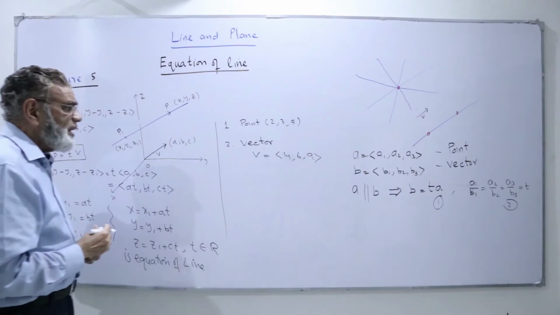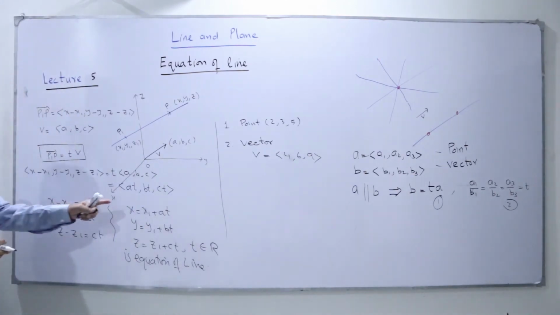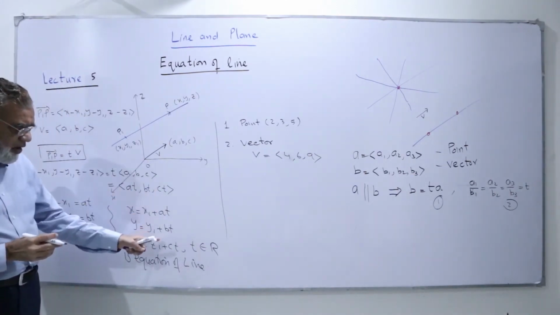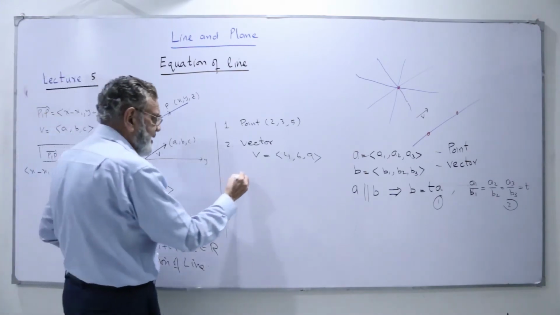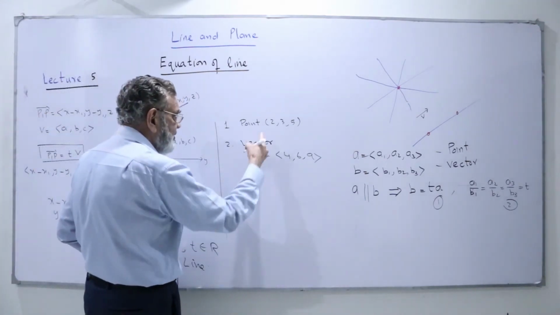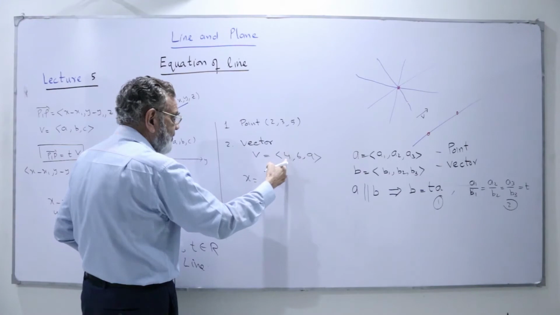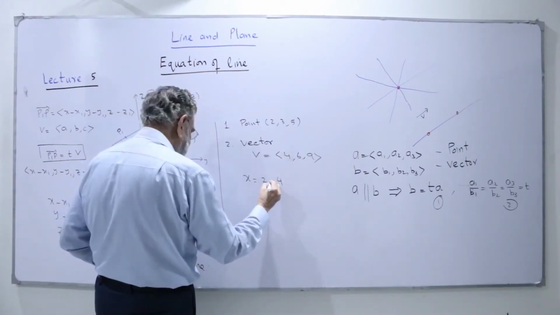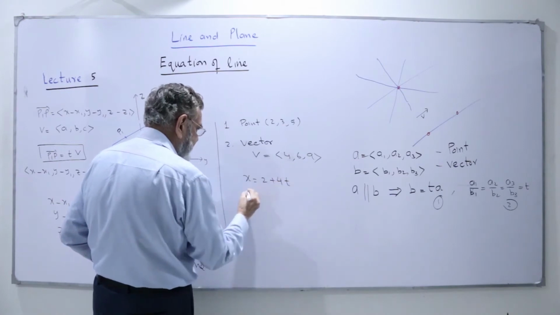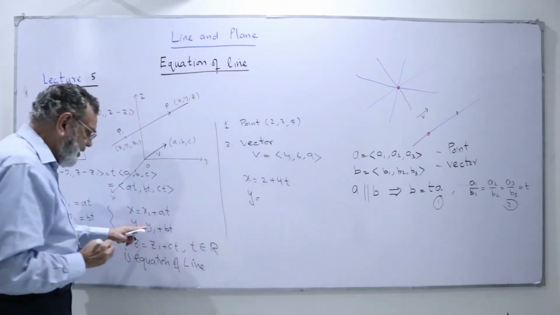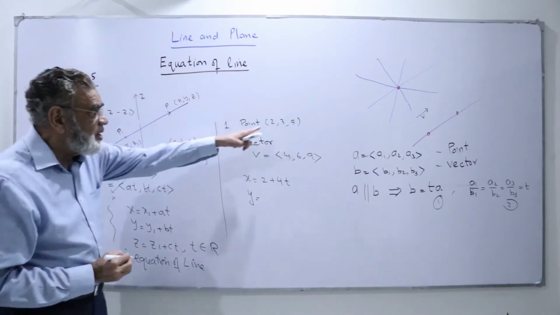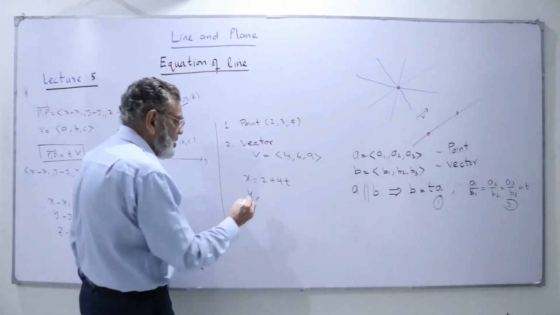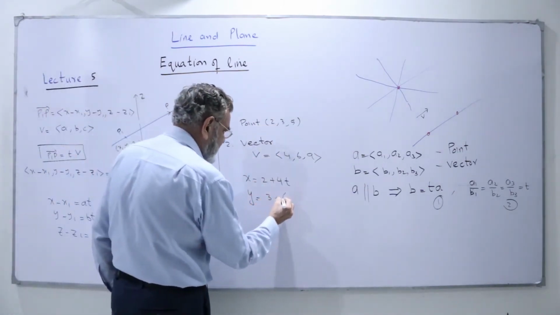So now we want to write the equation of the line. We just substitute the point and the vector components. So I get x is equal to x1 plus at. x1 is 2, a is 4, so we get 2 plus 4t. And y is equal to y1 plus bt. y1 is 3, b is 6, so it is 3 plus 6t.